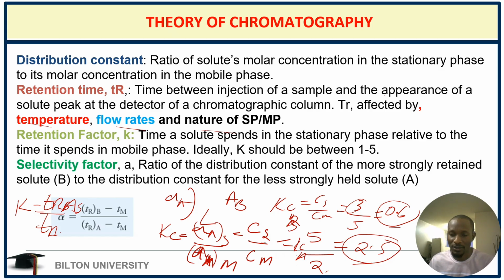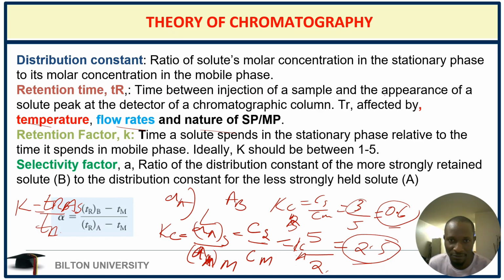And if the solute spends more time in the mobile phase, it tells you that the polarity of the solute is more similar to the mobile phase, and that is why it was spending more time in the mobile phase.